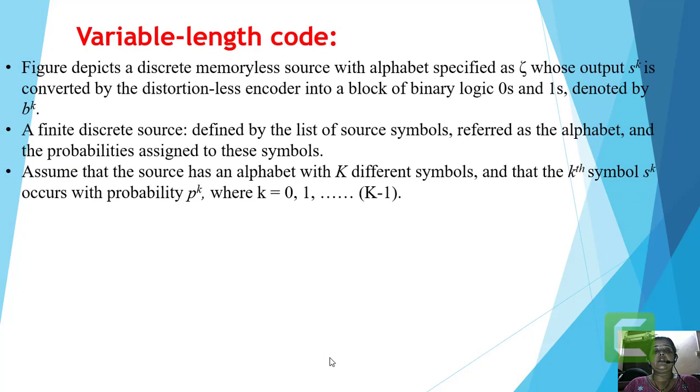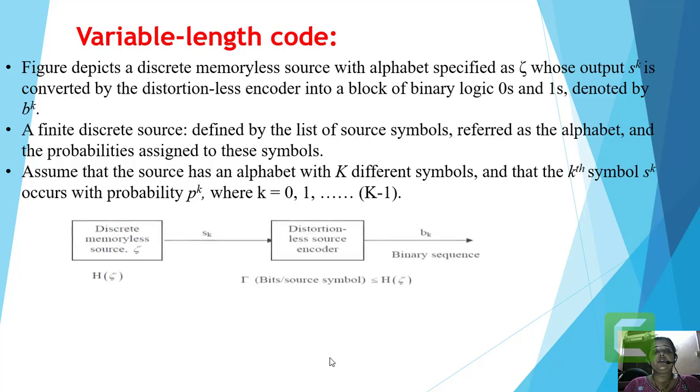Now yet another concept is involved, that is variable length coding. In this figure we observe that a discrete memoryless source is present. The meaning of that is the symbols generated by this source do not depend upon what has previously been generated. Also, it individually generates different symbols at different timings, and that's why it is called a discrete memoryless source.